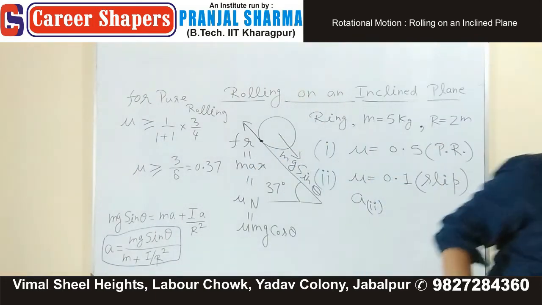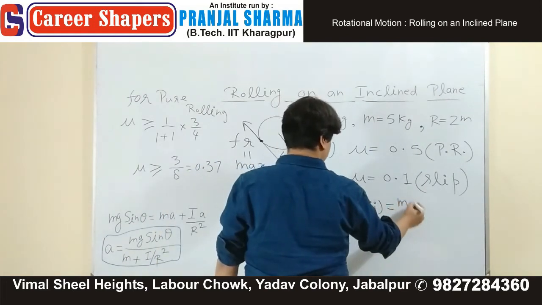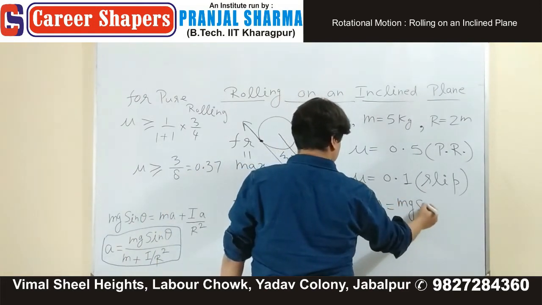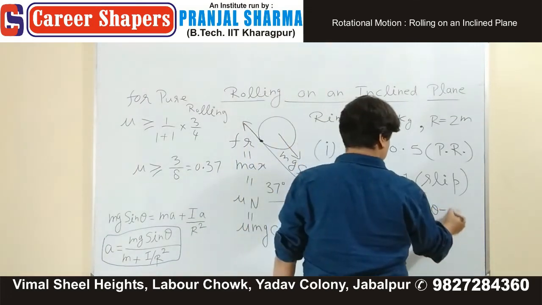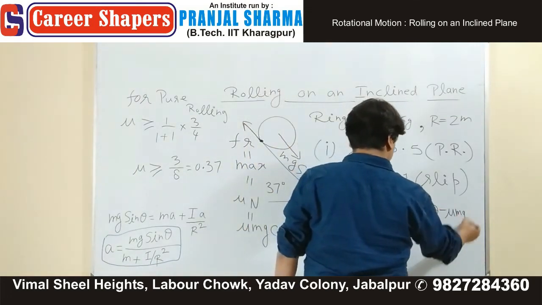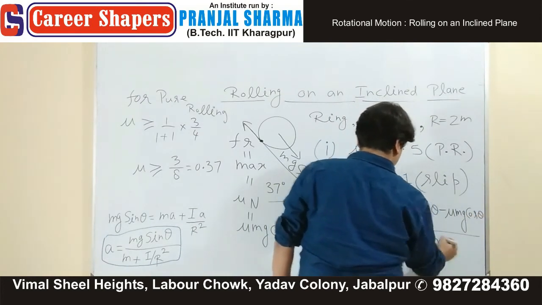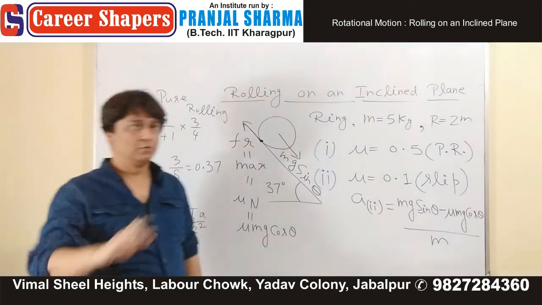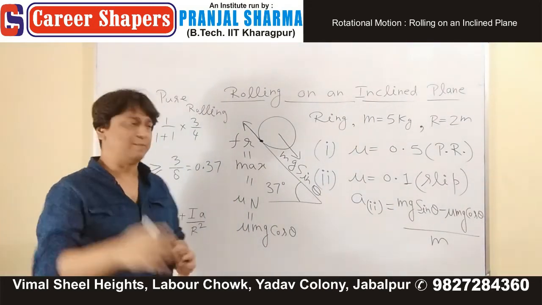So acceleration for this second type is simply mg sin theta minus mu mg cos theta, whole divided by m. There is no term of I upon r square. You don't have to worry about that.